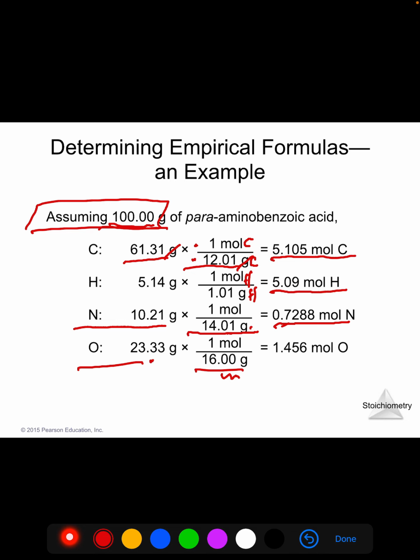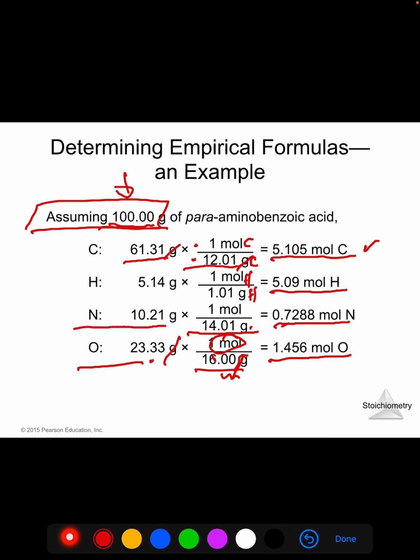Oxygen is 16 grams per mole. 1 mole of oxygen is 16 grams. Means the same thing. If you do the math, where grams cancel and I'm left with moles, then I have in that 100-gram sample 1.456 moles of oxygen.